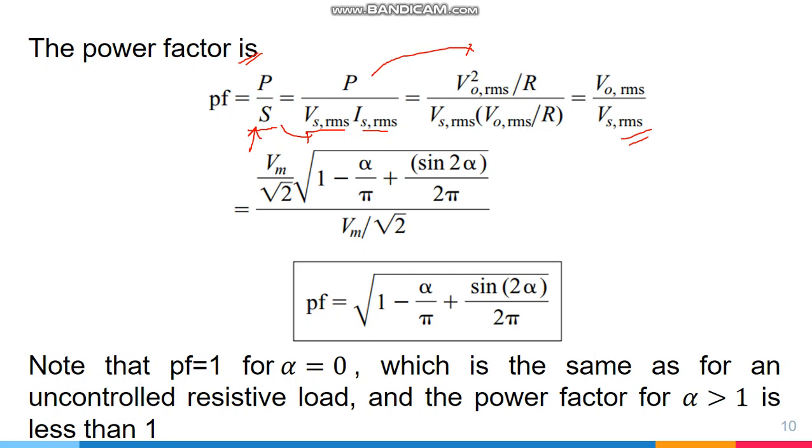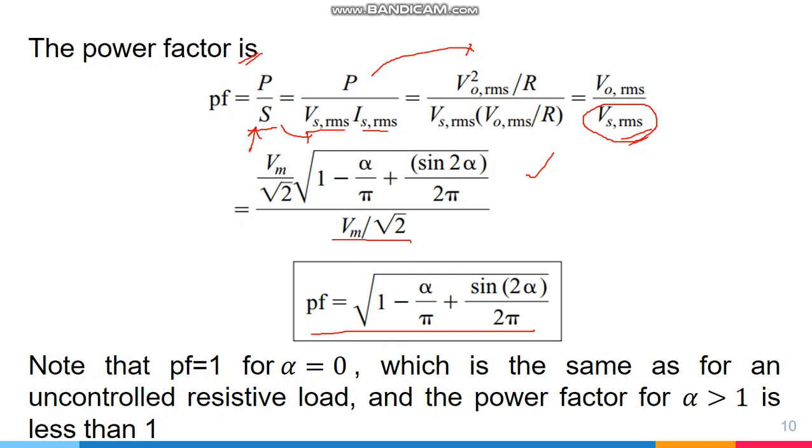V naught RMS we have calculated on slide number 9. I'll put that expression over here, and the source voltage is sinusoidal, therefore I can simply put Vm by square root 2, and this is the expression for the power factor. Power factor is equal to square root of 1 minus alpha by pi plus sine 2 alpha by 2 pi.